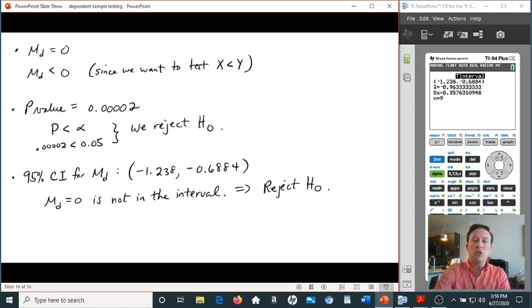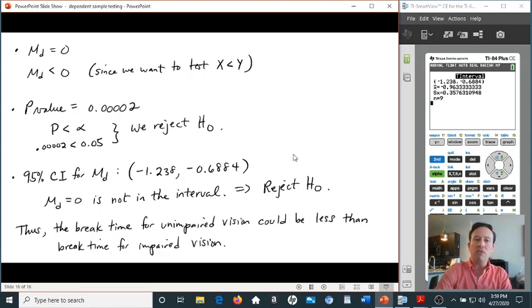So the interval here is estimating that the mean difference is going to be negative, which is another way of saying that x is less than y. So we conclude, therefore, that the brake time for unimpaired vision could be less than braking time for impaired vision, which certainly implies, hopefully, to the high school students that driving drunk is going to affect your visual ability to drive.